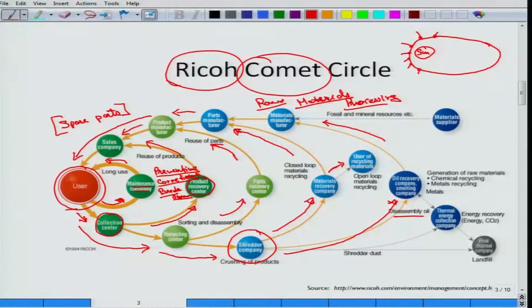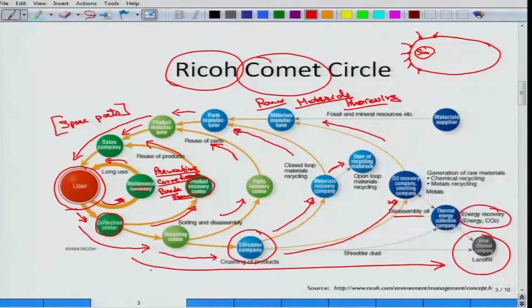Then energy recovery is here, and finally we have disposal. So, this is the worst case, or I would rather say the stage when it goes to landfill.